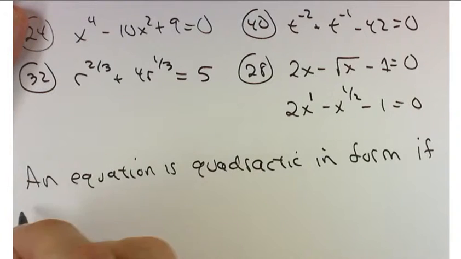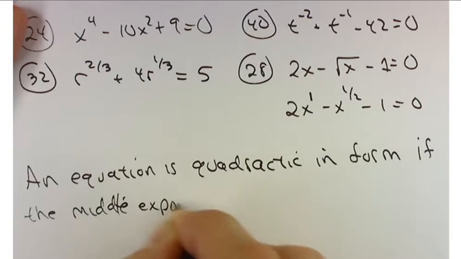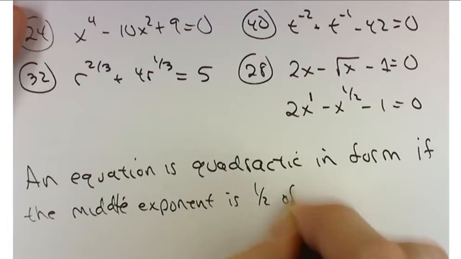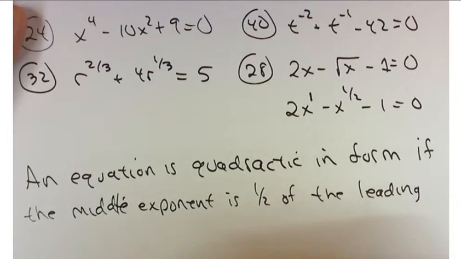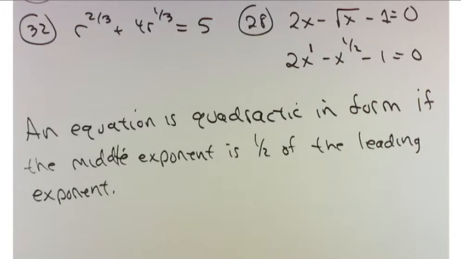If the middle exponent is half of the leading exponent. Okay, so great. Now we have this wonderful definition. We can tell whether or not something is quadratic in form.